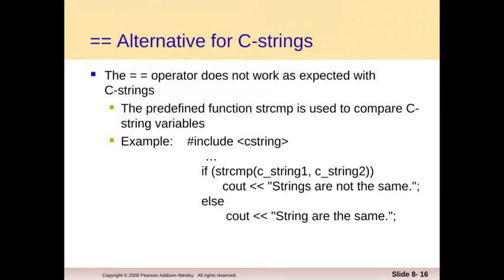So you get a non-zero value if they're different, but a non-zero value, if you use it in a condition, means true. So you're not really comparing for equality, you're comparing for difference. strcmp returns true if the strings are different, and false if they're the same.